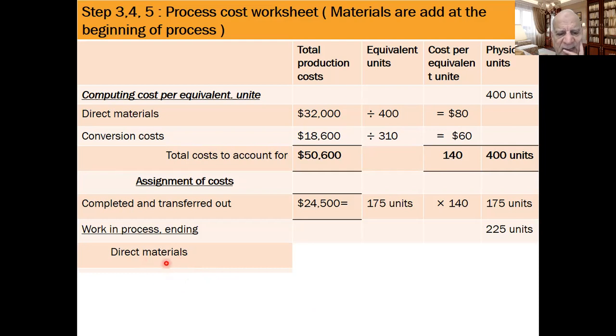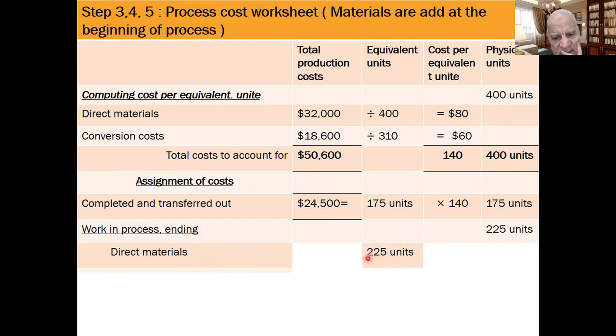As for direct materials, these physical units equal 225 equivalent units, because as we mentioned before in step number 2, these units received all their needs of direct materials.